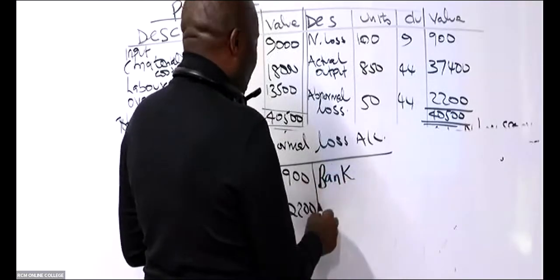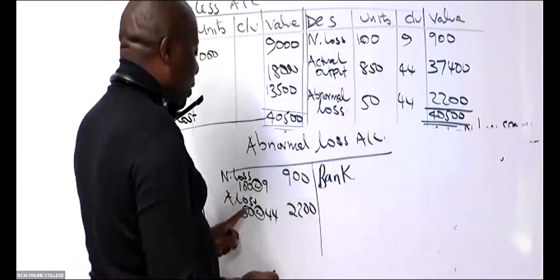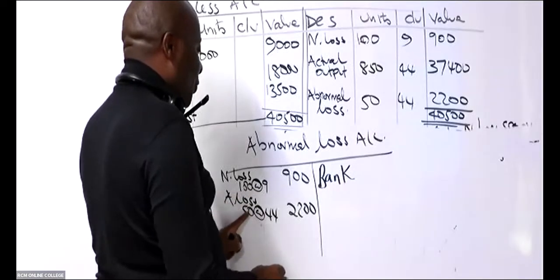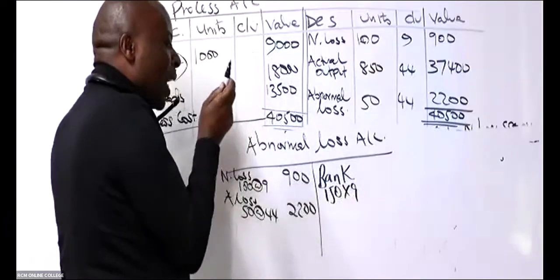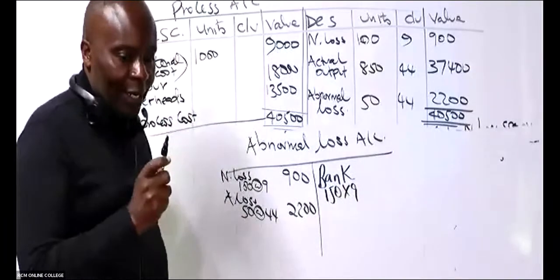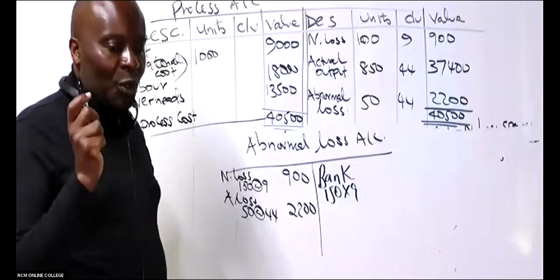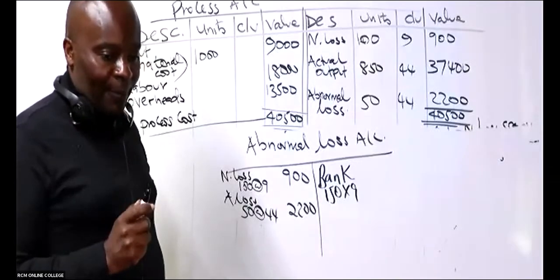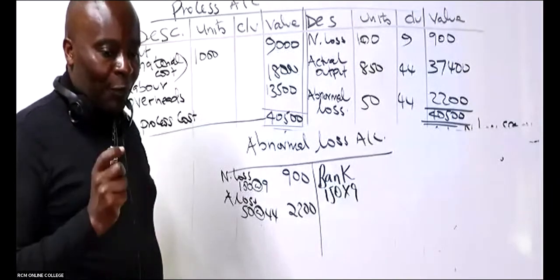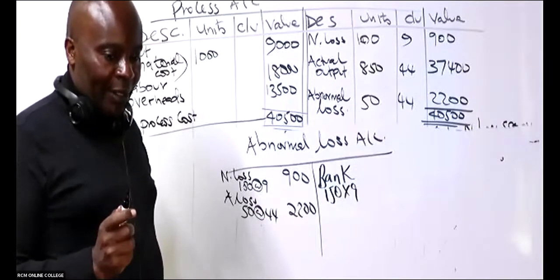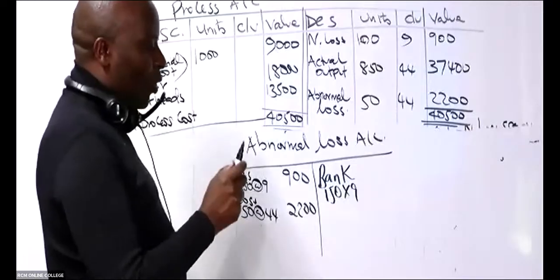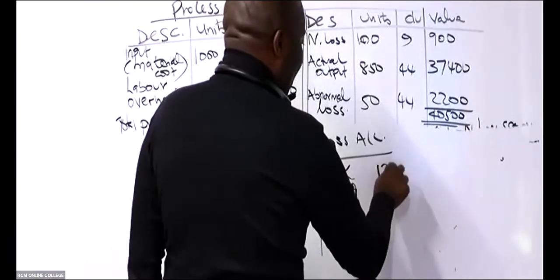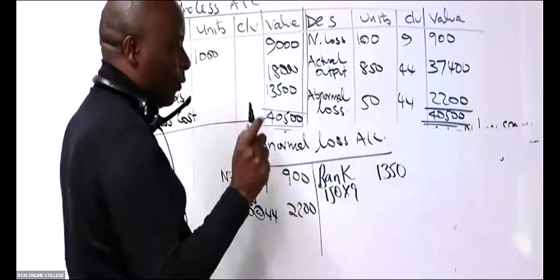So the bank total here is 150 units. Don't forget to scrap them at the scrap value given. So 150 times 9. I'm being given a figure of 1,350.